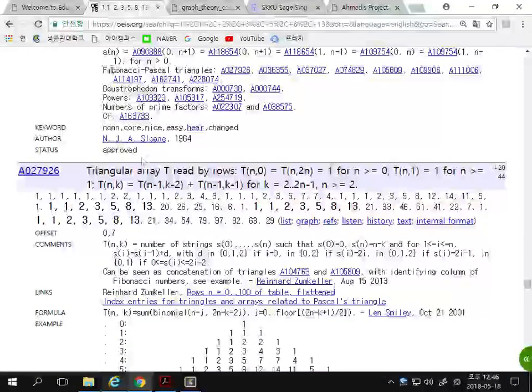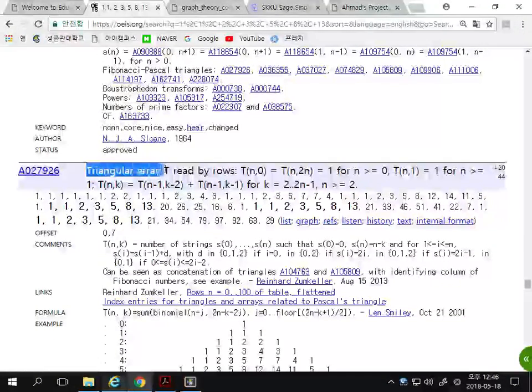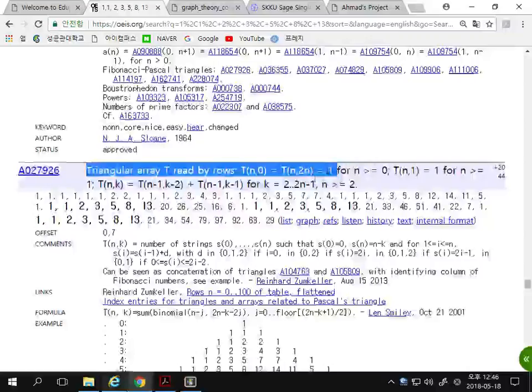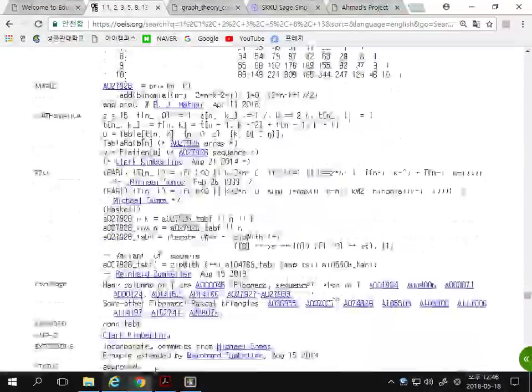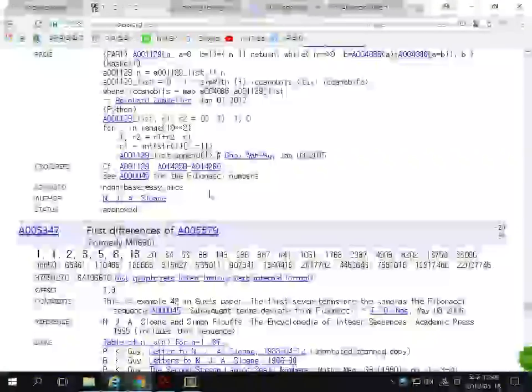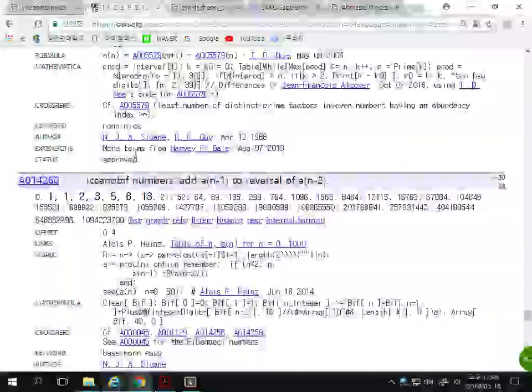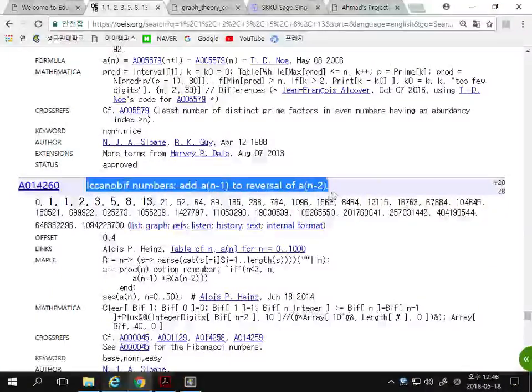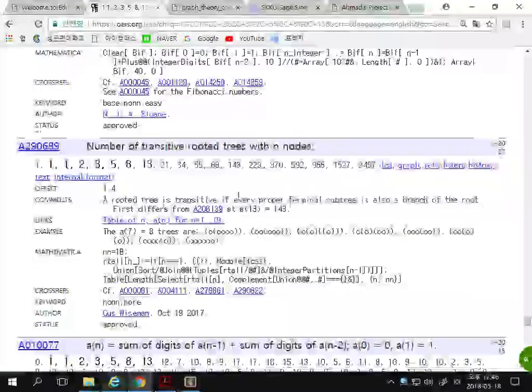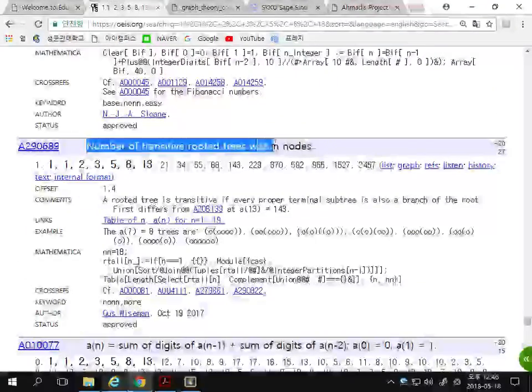Also, those numbers can be the first part of a triangular array T read by rows, and research has been done here. Also, they can be the first differences of these numbers, and that could be the first part of this sequence, like this.